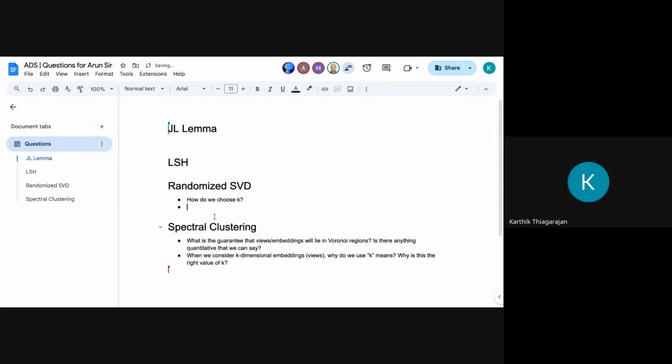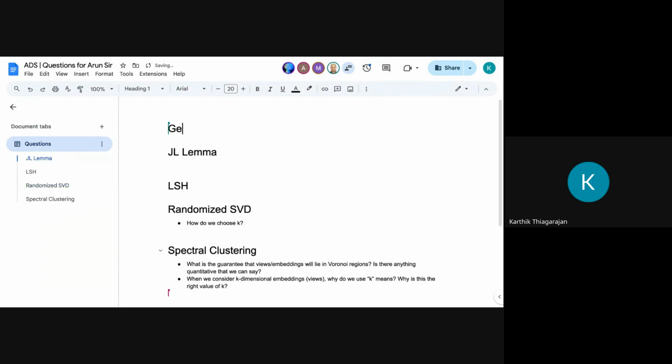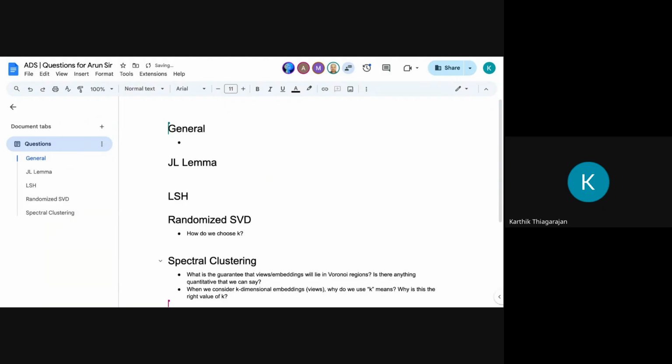There are some general questions you might want to ask. One is, can we add a quiz 1 for future terms?